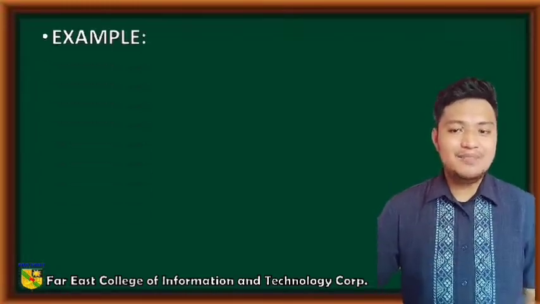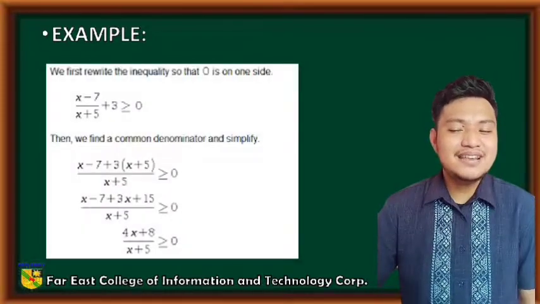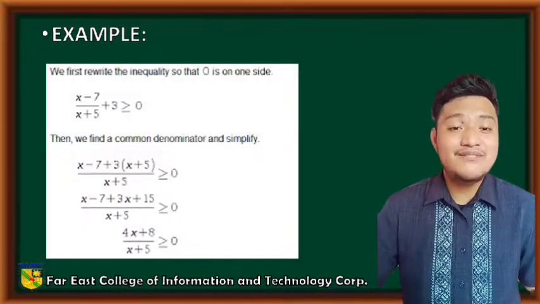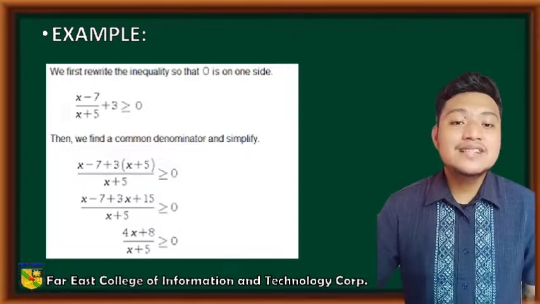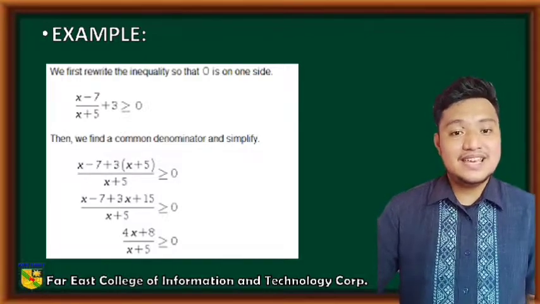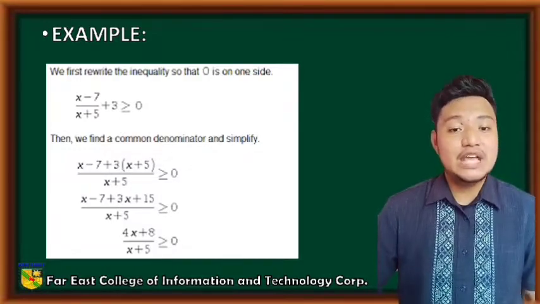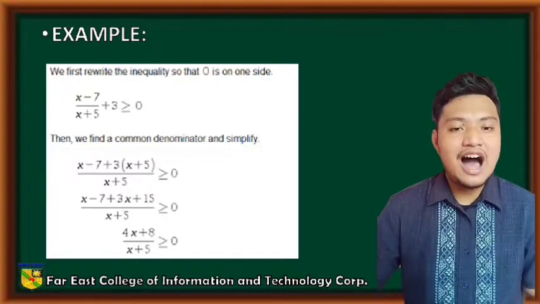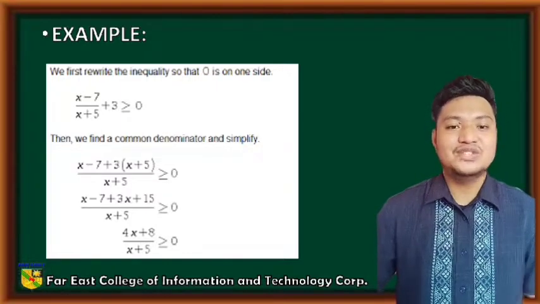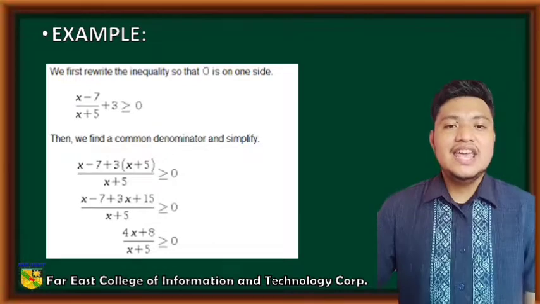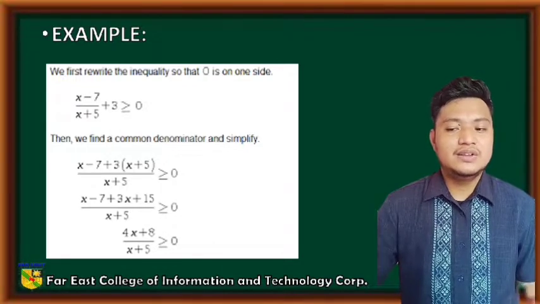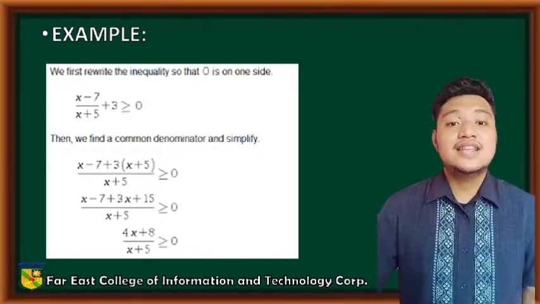So the example is x minus 7 over x plus 5 plus 3 is greater than or equal to 0. So how to solve this rational inequality? The first thing is get 0.